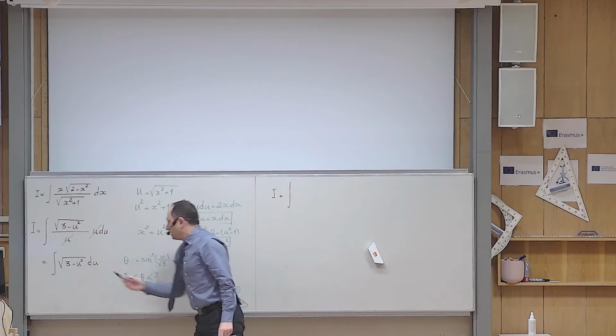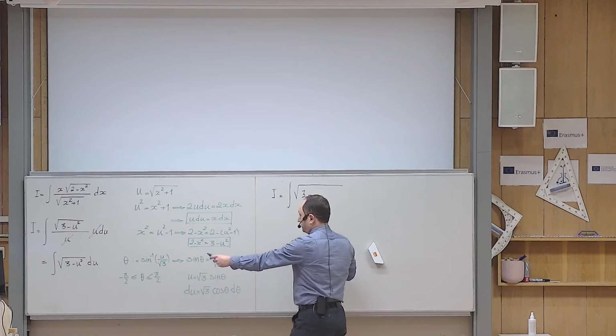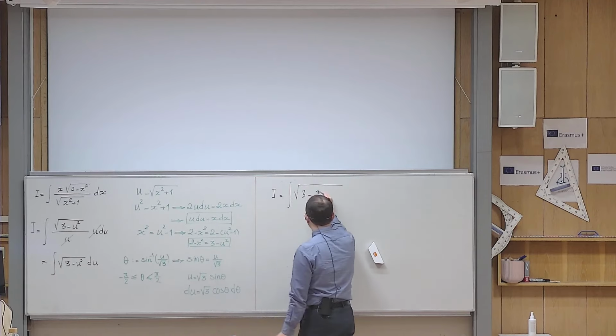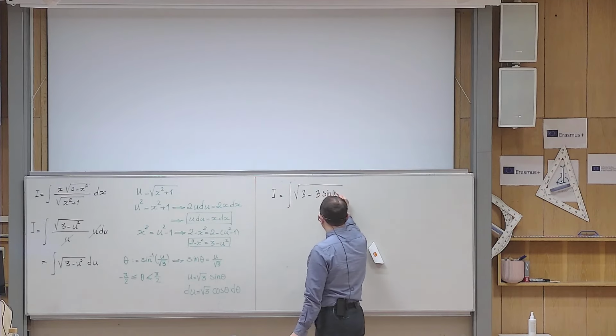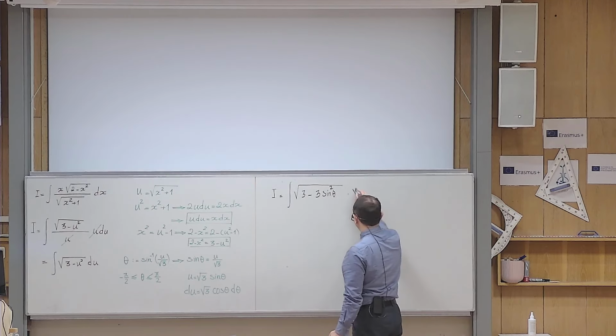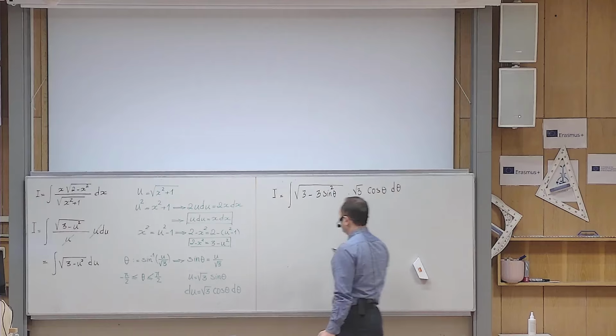I would write it as the square root of 3 minus, instead of u, this expression squared, so it becomes 3 sine squared theta. And instead of du, I simply write the square root of 3 cosine theta d theta.